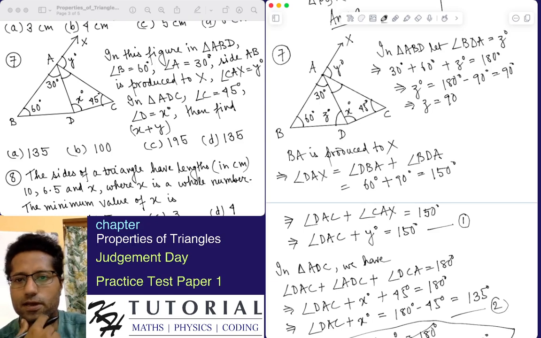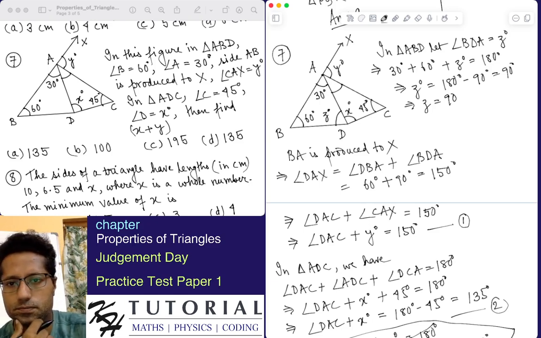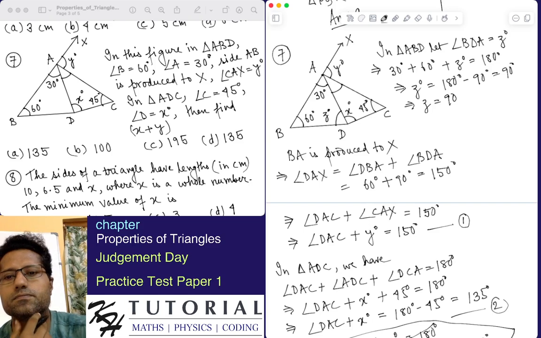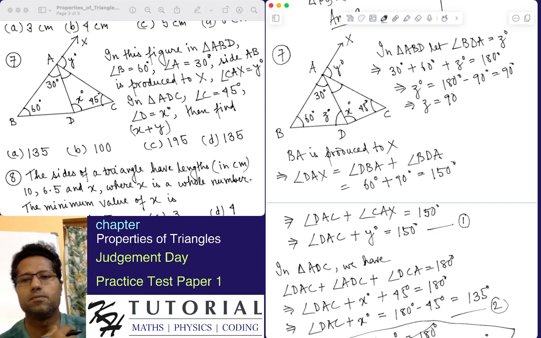BA is produced to X. BA is produced to X. Hmm. It is asking y plus x.